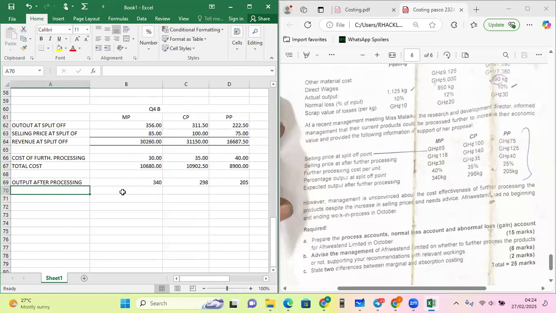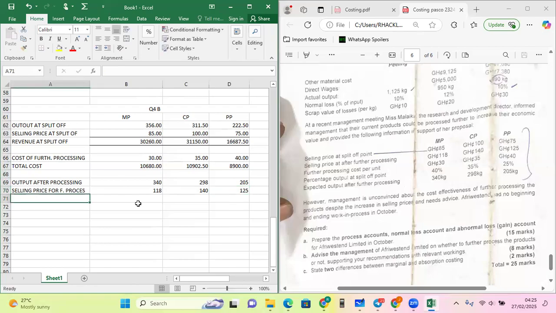All right. Now let's bring in the selling prices for further processing: 118, I'm just typing it from here, and 147.